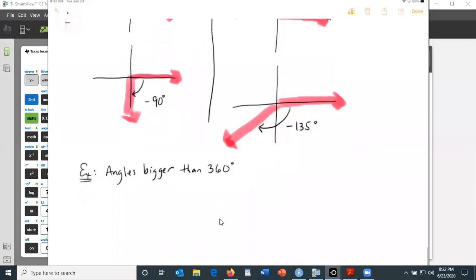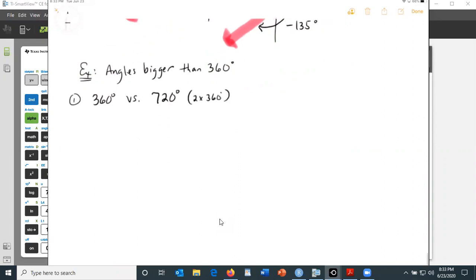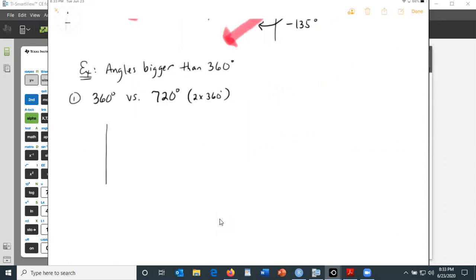Let's do an example just to illustrate first. How would you sketch an angle that's more than 360? So let's do double that. Let's do 360 versus 720. 720 is 2 times 360. So 360 would look like this.